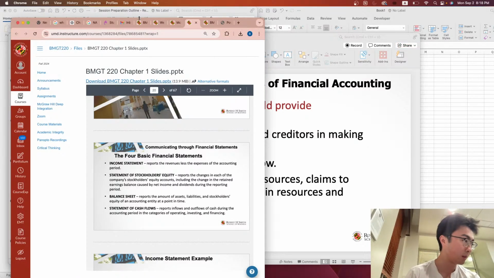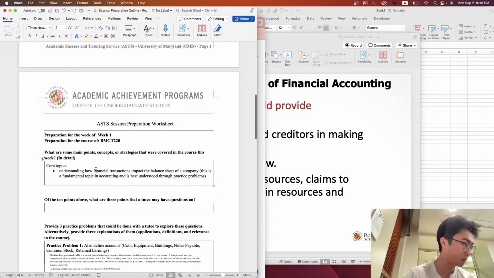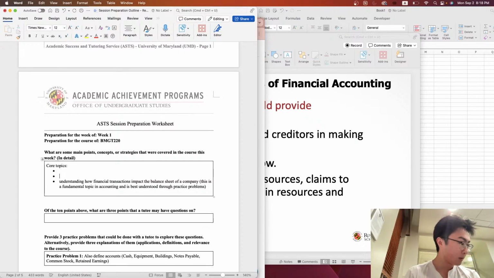Okay, so I think then core topics. So basic introduction to core accounting equation. So assets is equal to liabilities plus equity.